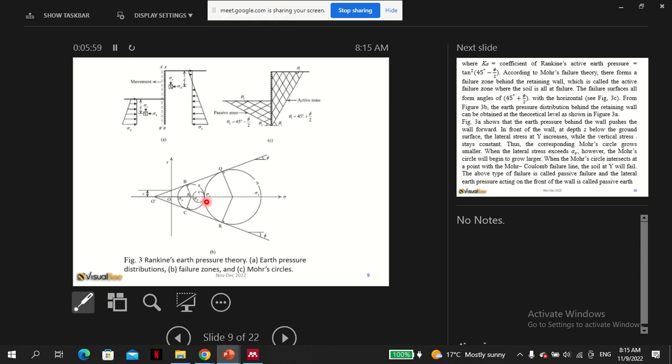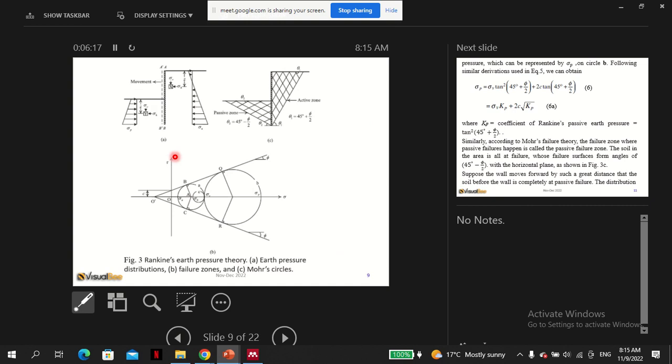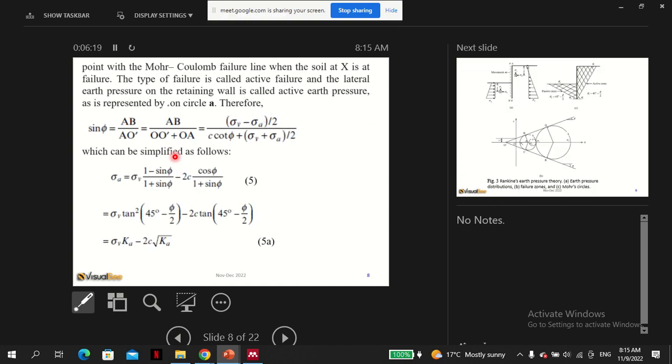So the sigma 1 in fact will increase. Because of the increase, the Mohr circle will expand to touch the failure line here at the bottom as well. I believe that is the same explanation presented.